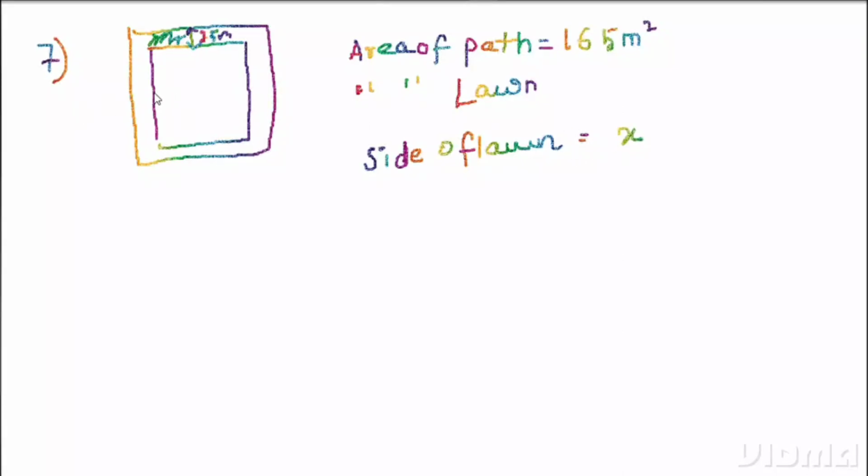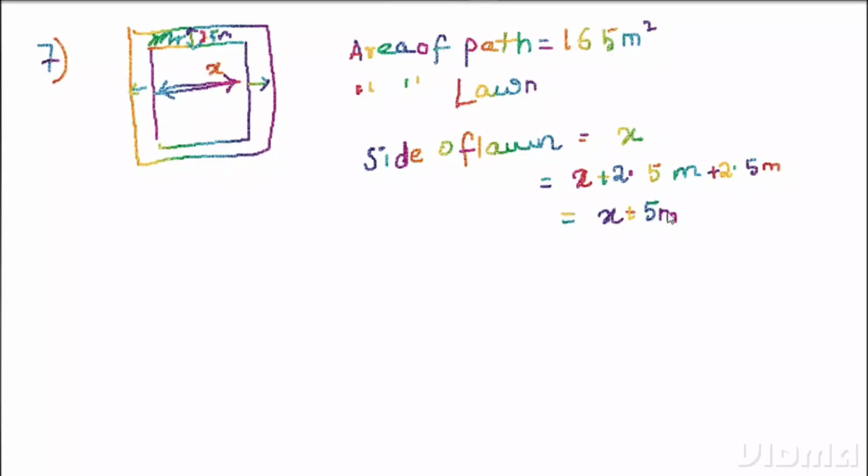So what I'll do, side of lawn, ये इसका साइड जो होगा प्लस इधर से जितना होगा, इधर से जितना होगा वो हो जाएगा मेरा बड़ा वाला स्क्वायर और बड़ा वाला लॉन का साइड। तो I don't know x, but मेरे को बस पता है दोनों तरफ से मेरा जो डिस्टेंस है पाथ का वो है 2.5 प्लस 2.5। तो I can write that this is 5 meter.